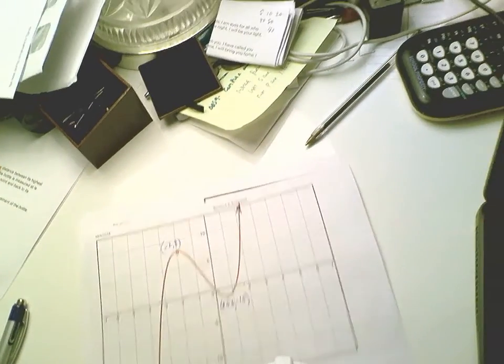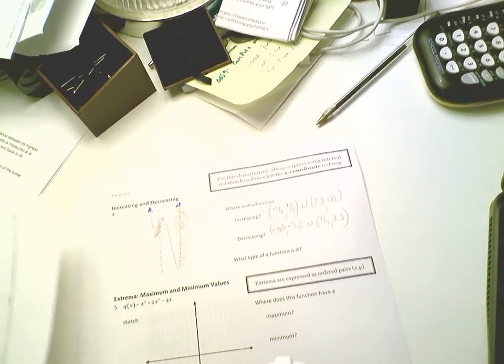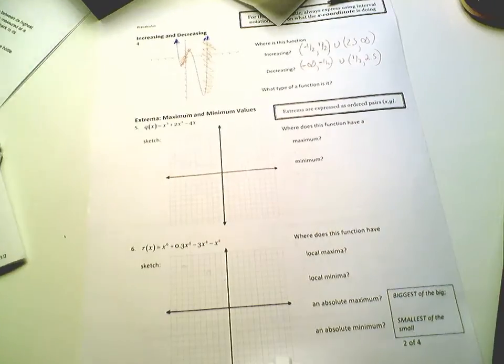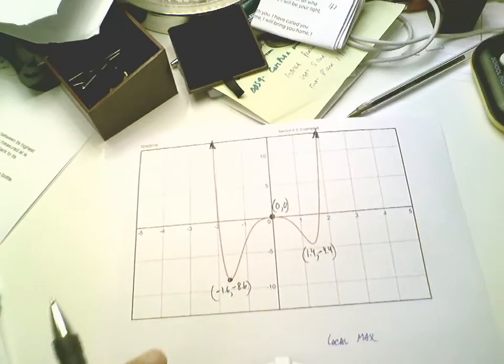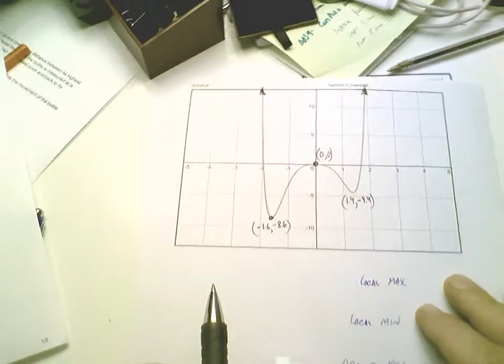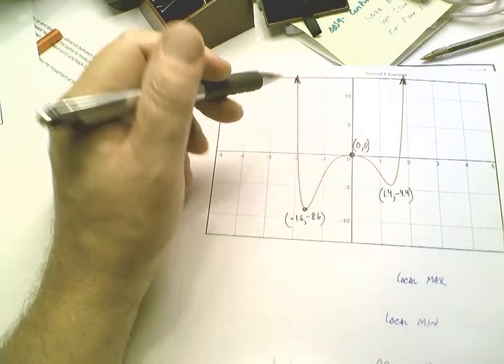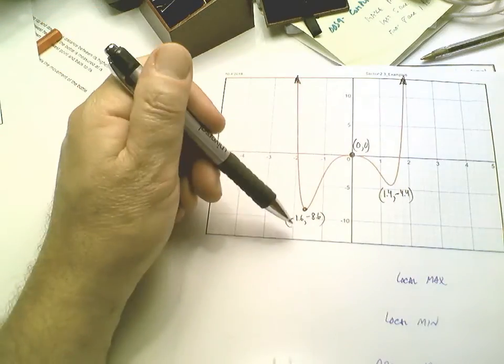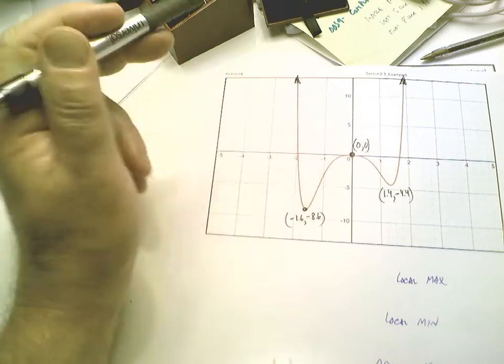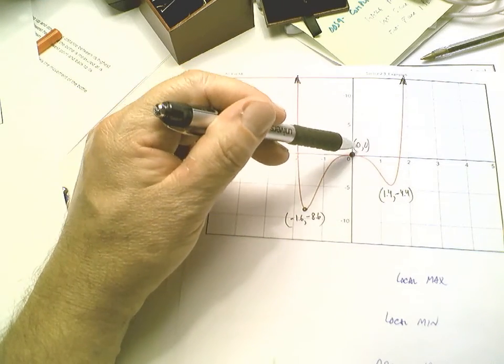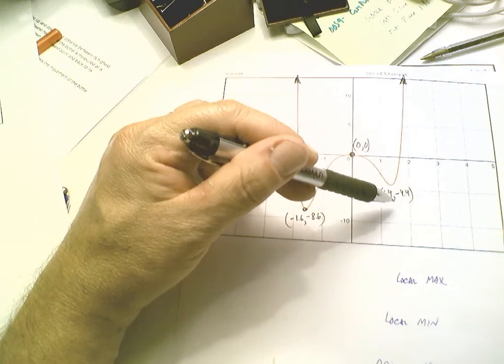Now, when I move to my next graph, which was problem 6 here, a much more complicated polynomial, here's what that graph looks like. And in this case, what do I notice? 3 turning points: at negative 1.6, negative 8.6; right at the origin at 0, 0; and at 1.4, negative 4.4.